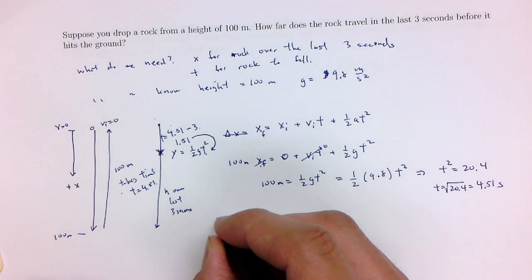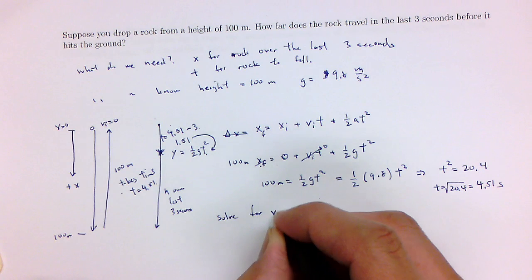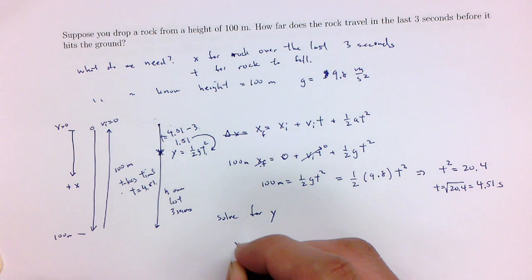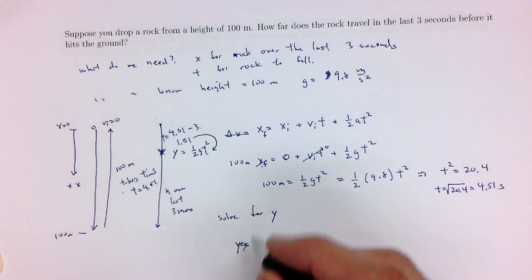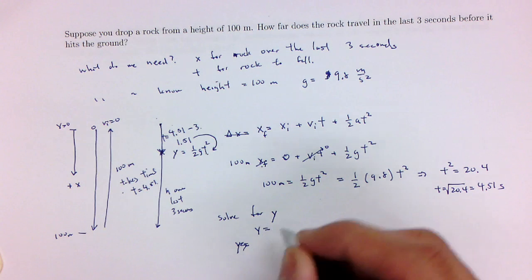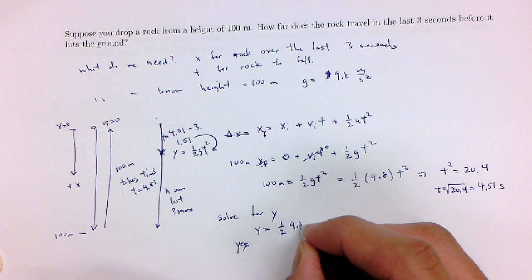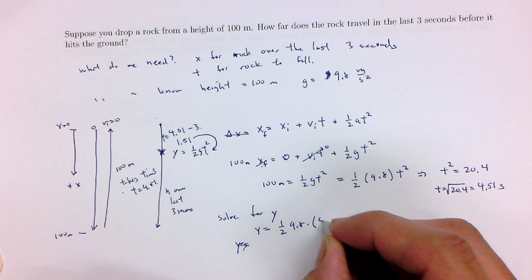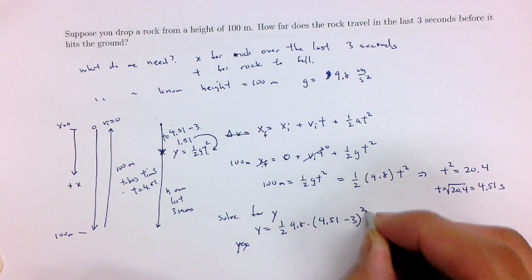So y is equal to 1/2 times 9.8 times the total time it fell, 4.51 minus 3 seconds, squared.